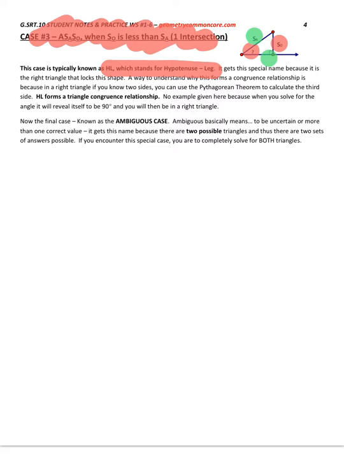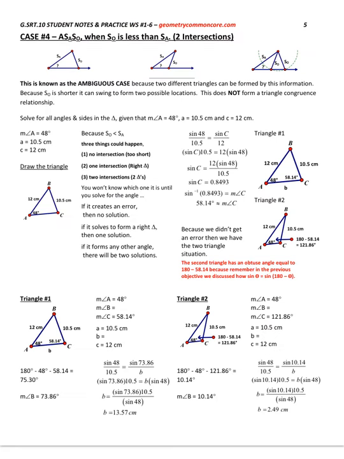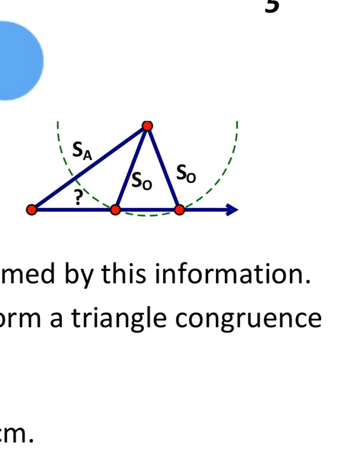And so the last example, when the side opposite is less than the side adjacent, is where we talk about the ambiguous case. And when something's ambiguous, it's unclear. And so the thing that is unclear is that we could have 2 different triangles result from the given information. Taking a look at the next page in the notes, this is an example where it shows you the 2 triangles that can result. And so I'm going to actually start with the diagram on the right here.